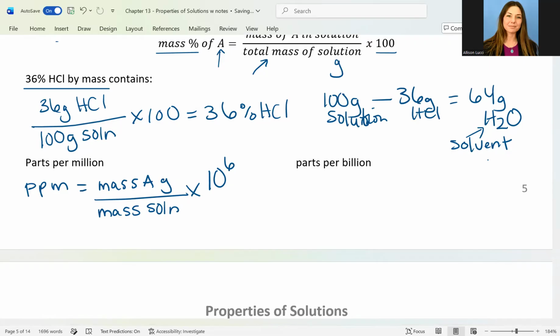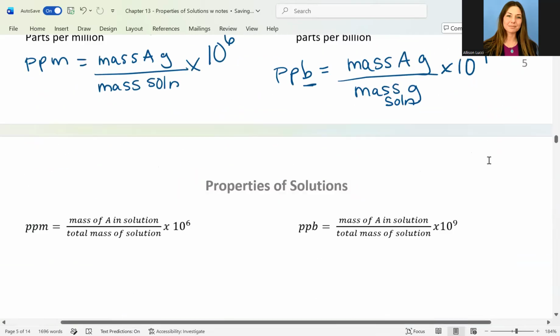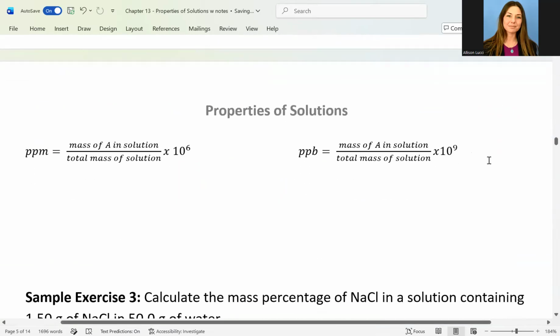And then say we wanted to find a unit ppb, parts per billion. We use the same type of setup here, mass of A in grams, divided by the mass of our solution in grams, times 10 to the ninth now. And that's because we're measuring in parts per billion. So those are the equations for those.